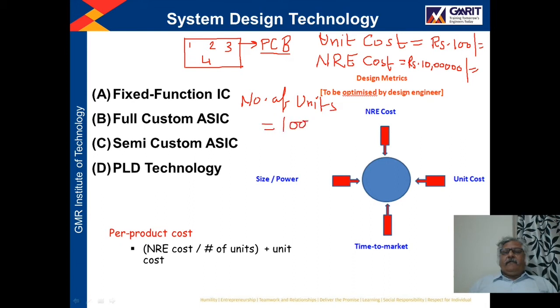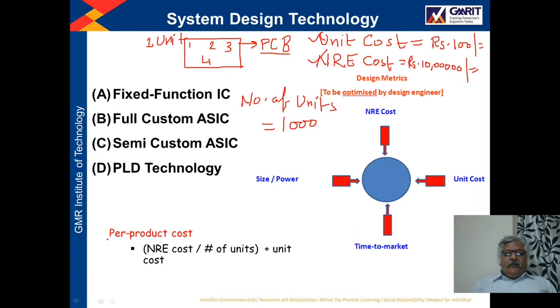So the company has manufactured 1000 units whose unit cost is rupees 100, and the NRE cost for the development of the technology is rupees 10 lakh. So what is the cost of this one unit? Because now we have to include the NRE cost also.